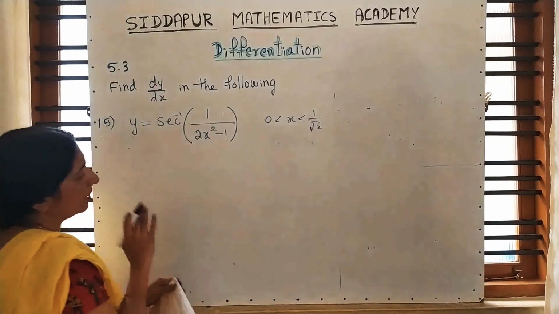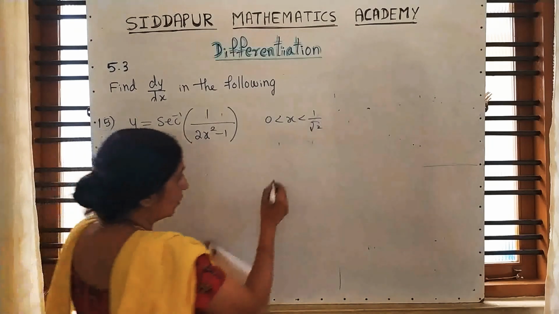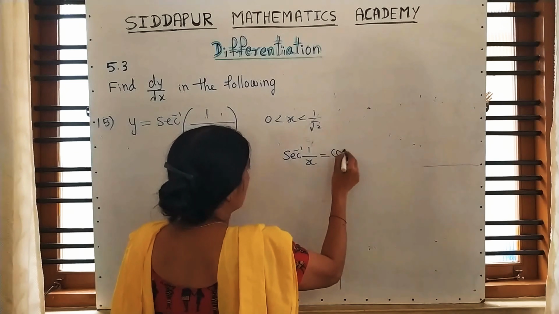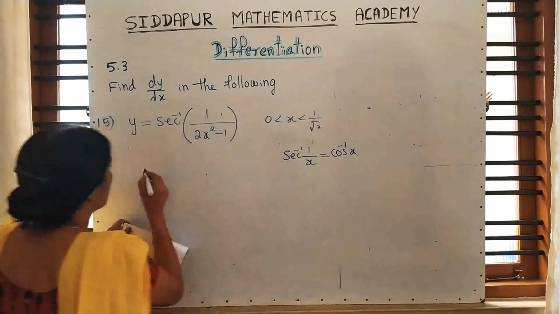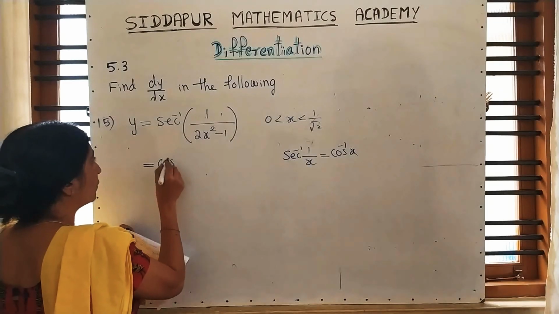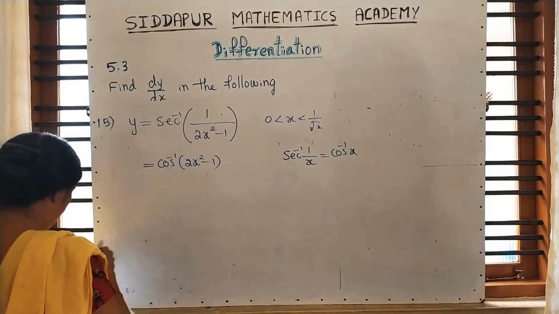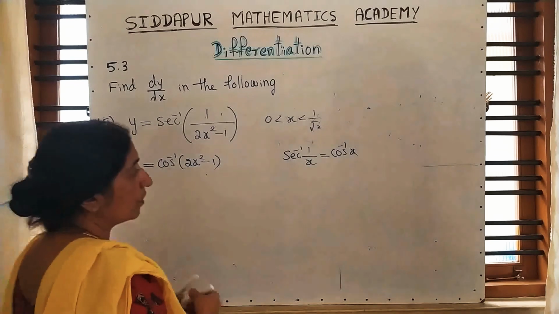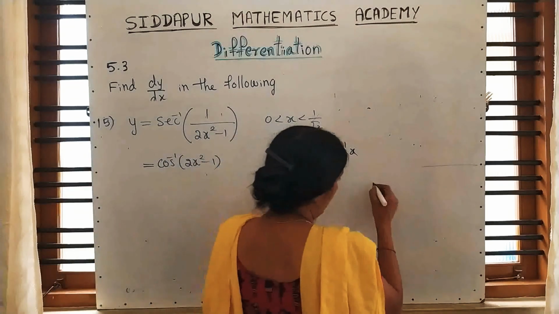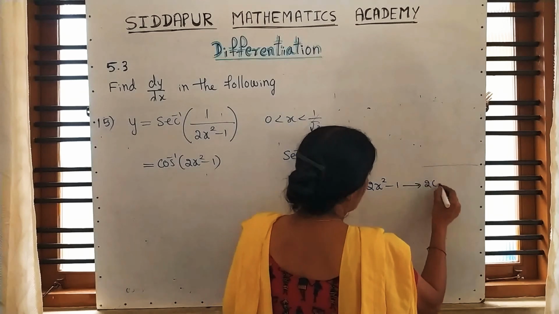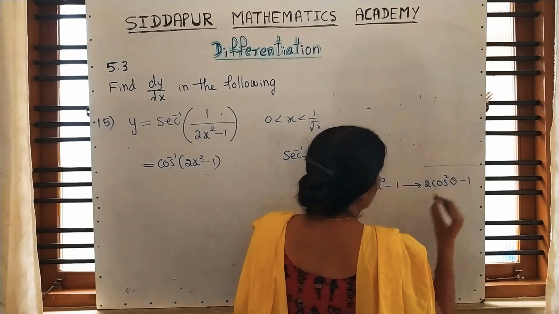See, there are two methods. Directly you can substitute, or you can write like this. Sec inverse 1 by x is cos inverse x. That means it is cos inverse of 2x square minus 1. See, again, I am recalling your formula memory. 2x square minus 1 is in the form of 2 cos square theta minus 1.